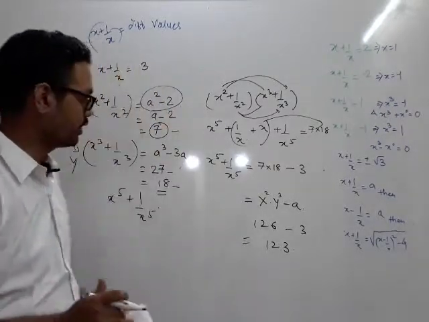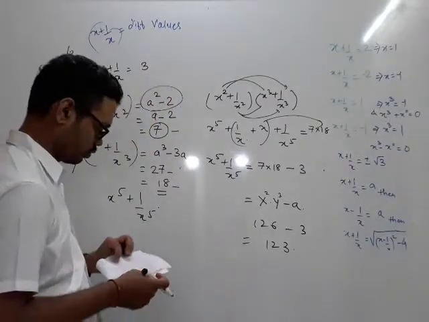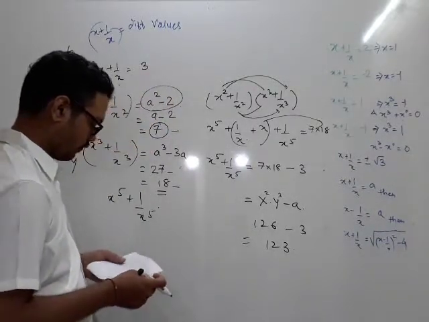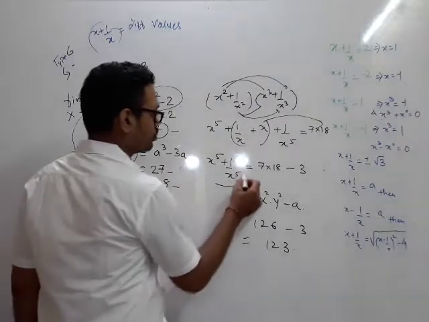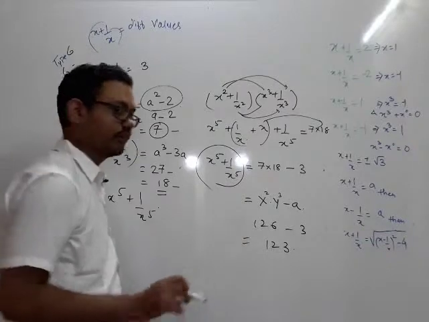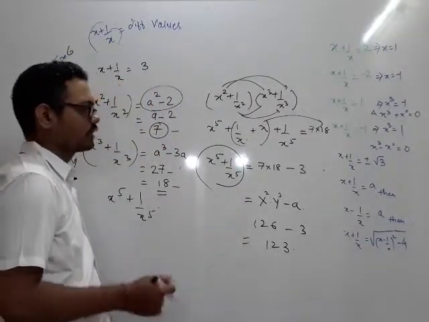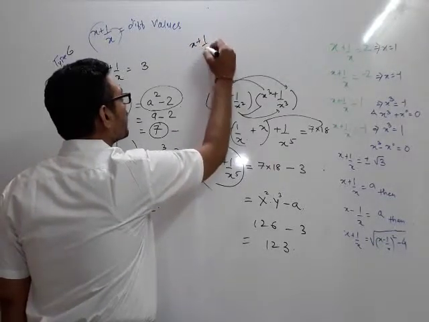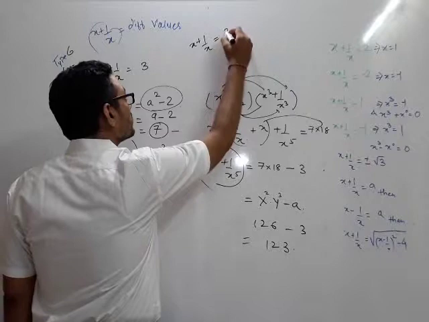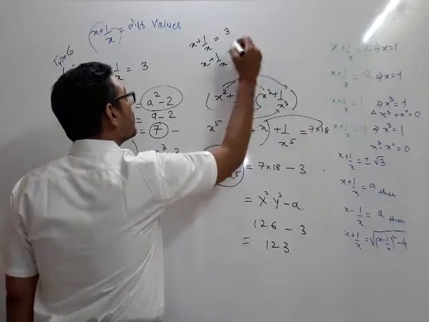And what I will strongly recommend is, please remember two values, because when it comes to the power 5, if I have to still reduce my number of steps, what I can do is memorize the value of x plus 1 by x when it is 3 and x plus 1 by x when it is 5.